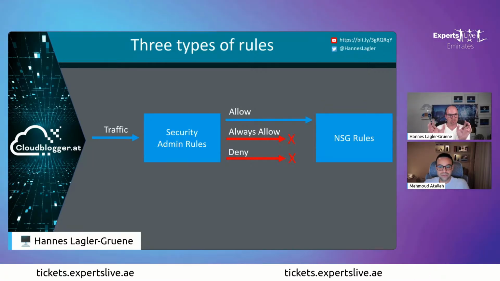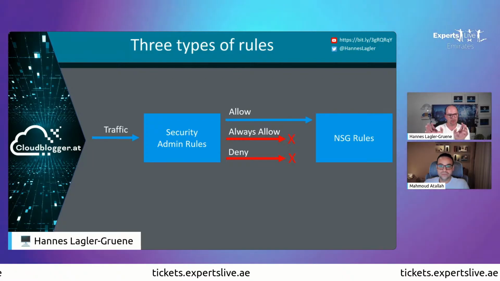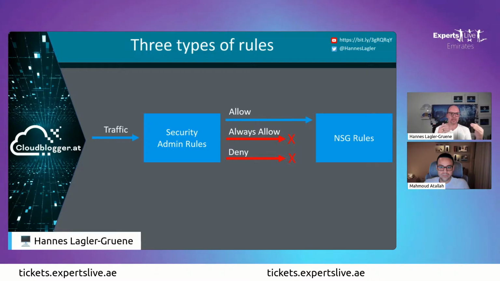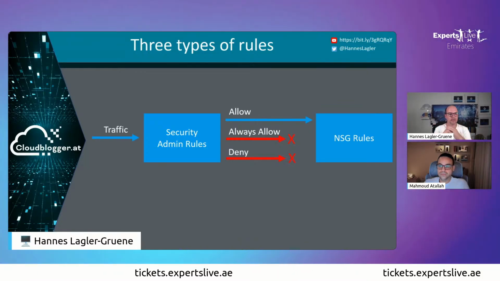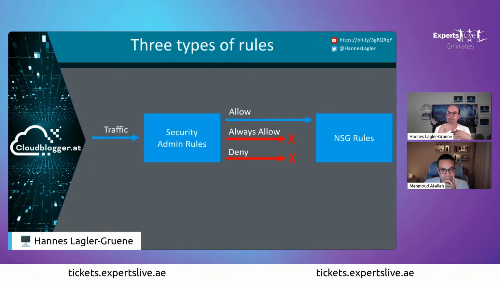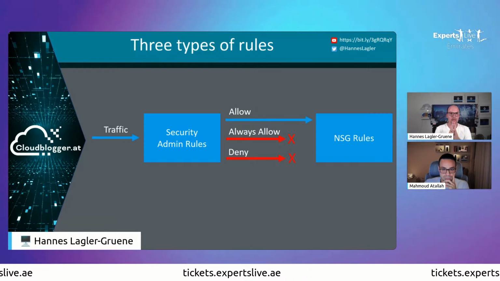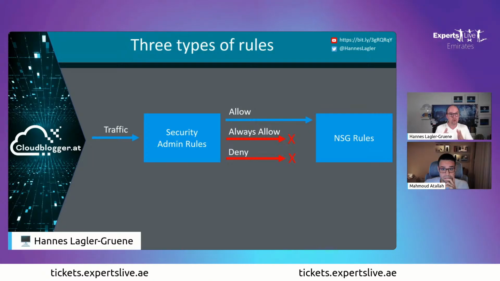So you can use both. You can have both network security admin rules and network security rules. The thing here is, when the traffic comes to the device, the first thing is security admin rules on the virtual network level will ask, okay, is it allowed to go to port 80 to the service?